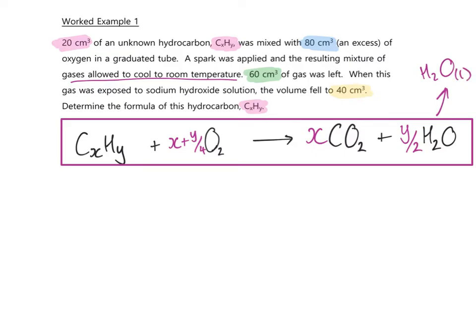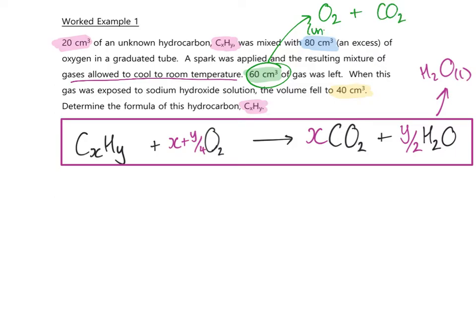And so it will no longer be a gas if it's cooled to room temperature. So actually this next bit of the question, and I would maybe encourage you to write this in, that's 60 centimetres cubed of gas that's left after cooling to room temperature. Water is going to be a liquid, so therefore we're just left with oxygen plus carbon dioxide.